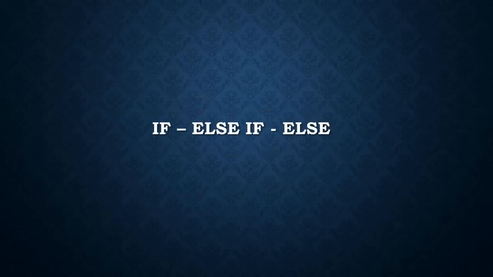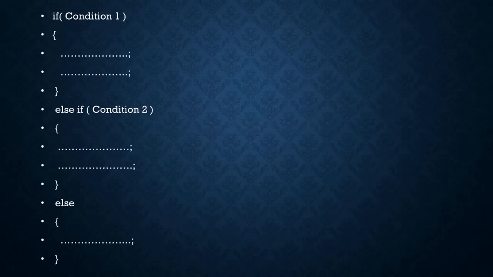Right. Now you have another one: if, else if, else. Here, it is a combination of several conditions. If the first one is false, then it will check the second one. If the second one is also false, then the third one, and it continues till else.